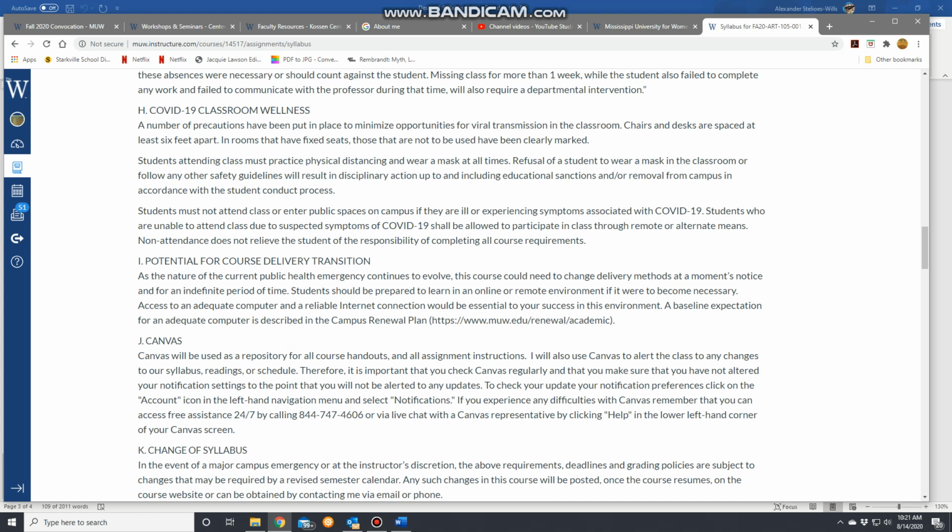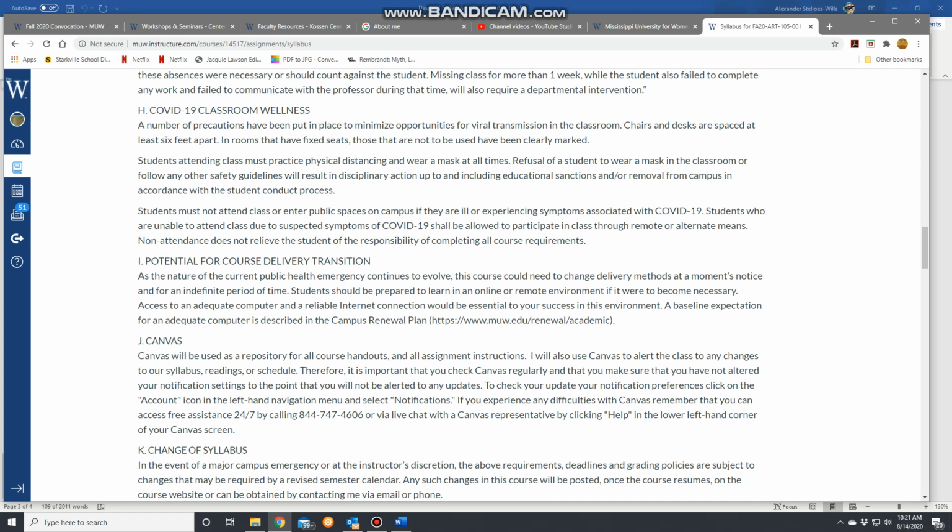But you also need to be aware that things might change, whether that might change for one student, where a student has to finish the class entirely online, or whether the whole class has to finish the class entirely online, that you have to be prepared for that. All right. Lastly, the Canvas statement relates to the COVID in this case because a lot of this content will be on Canvas.